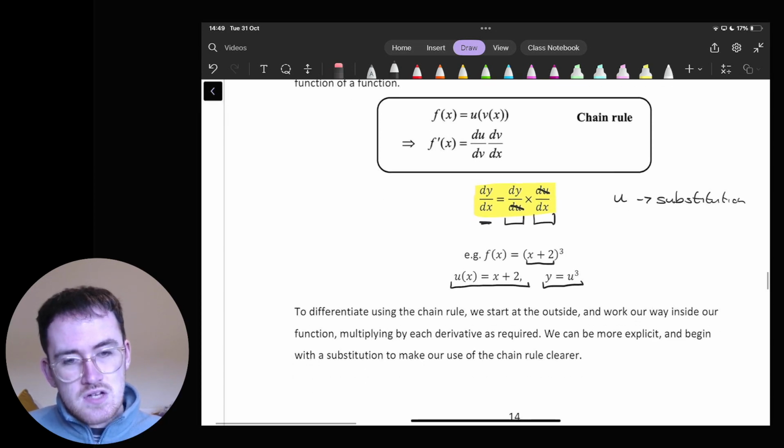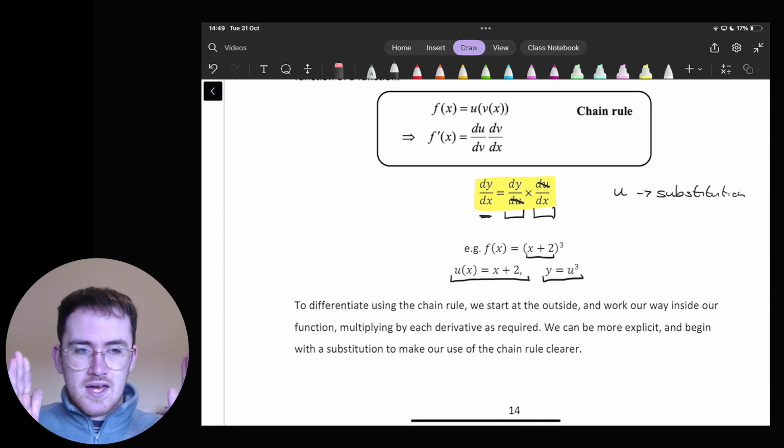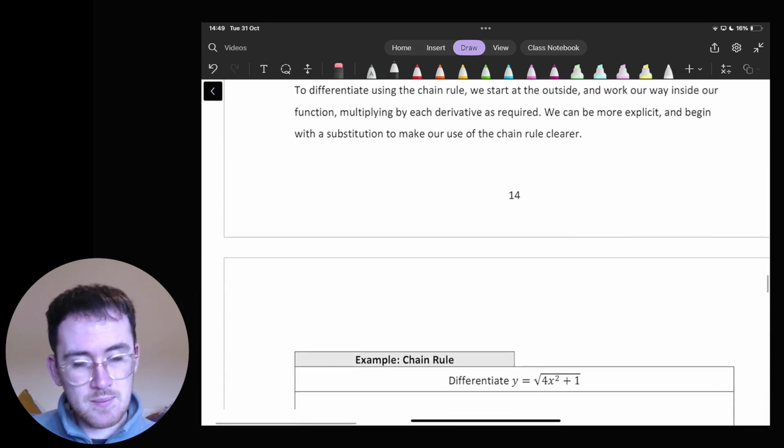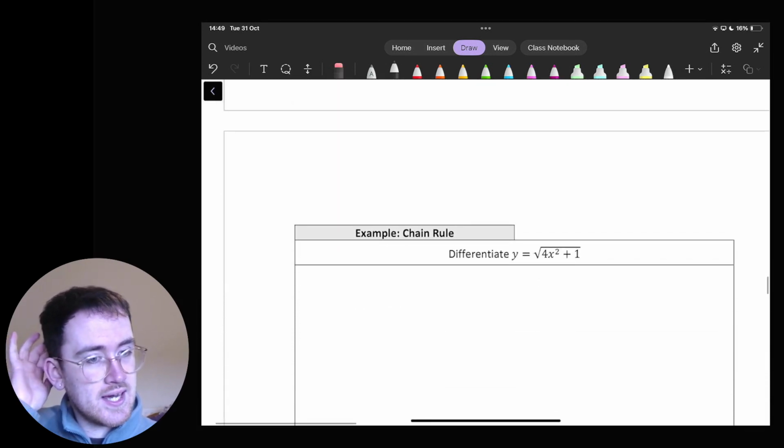So using the chain rule, we think about working from the outside, working our way inside, and if we have additional derivatives, we're going to multiply by those as we go. So we can use our substitution, or we can use this general way of thinking about the chain rule to tell us what to do. And we're going to see how it applies to the different examples that we're looking at.